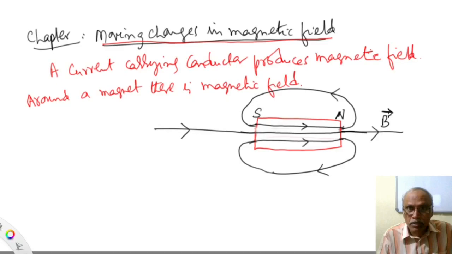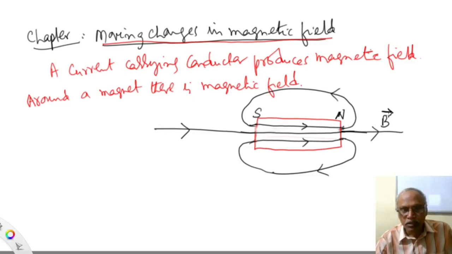The way electric field is denoted by capital E, E bar, magnetic field is denoted by letter B bar. Around a magnet, if we keep a small magnetic needle, the needle will deflect. Why does the magnetic needle deflect?